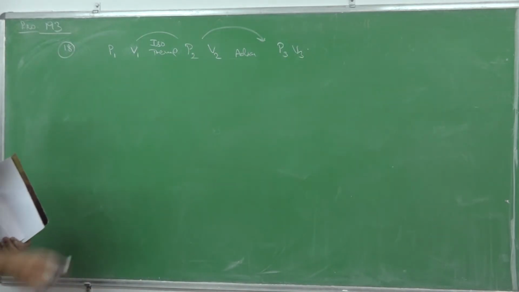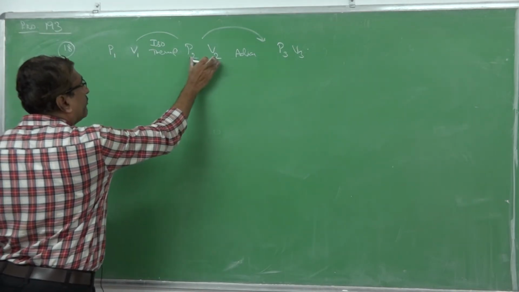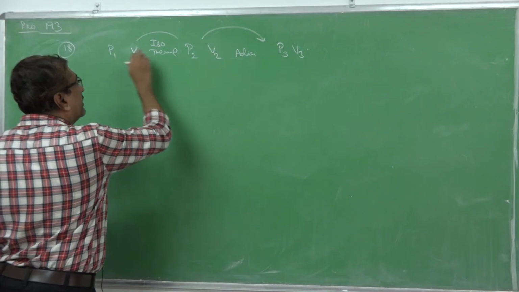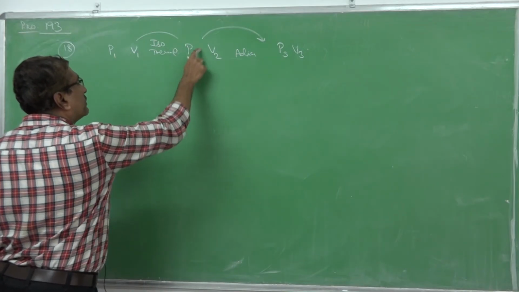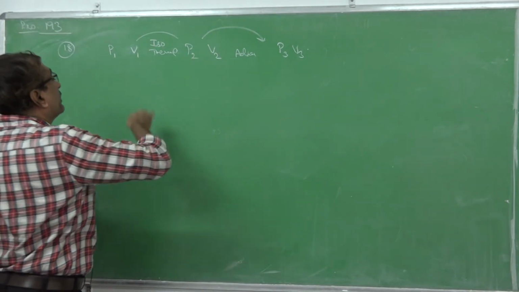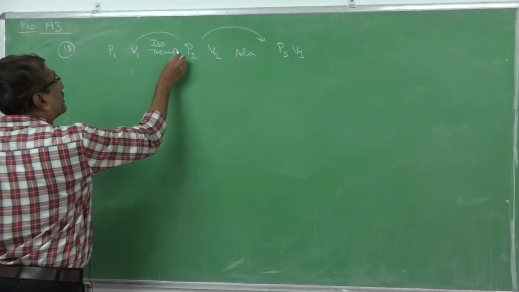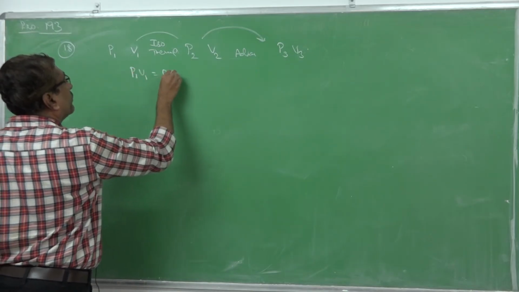Okay. First, in the isothermal process, from P1 V1 to P2 V2, that means temperature remains constant. So from P1 V1 to P2 V2, the pressure is doubled. That means isothermal process obeys Boyle's law, P1 V1 equal to P2 V2.